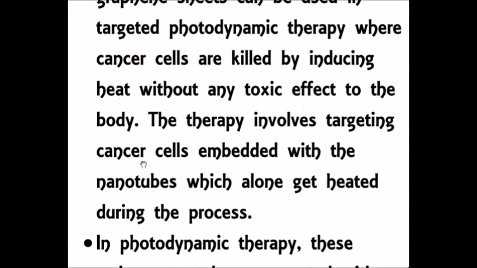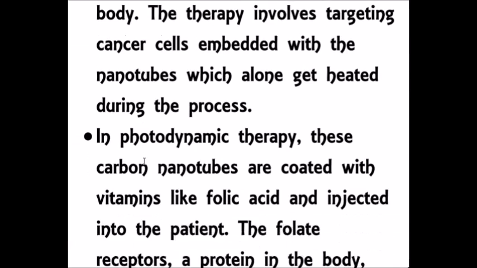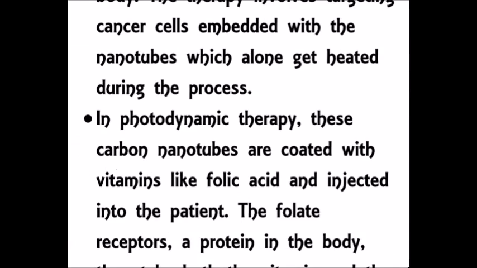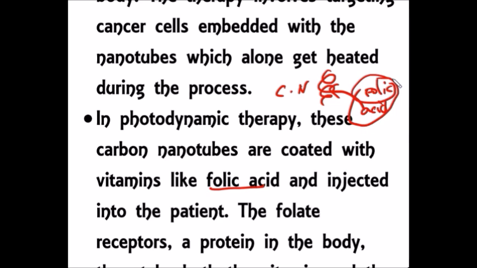Now we will discuss some extra points or left out points. Scientists used vitamins, or you can say folic acid, along with the carbon nanotubes. In the carbon nanotube, scientists attached folic acid along with it. Folic acid is a vitamin. It comes under vitamin B complex, and the mechanism is that tumor cells have a lot of folic acid receptors.